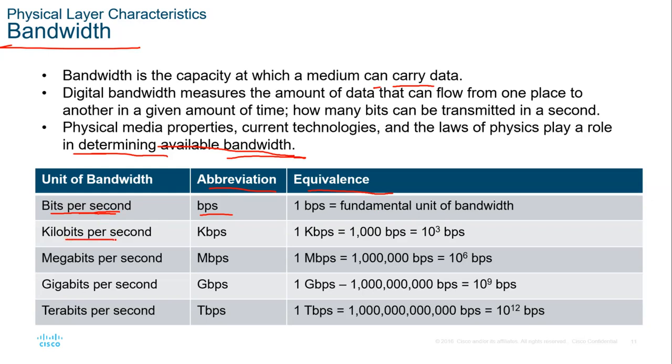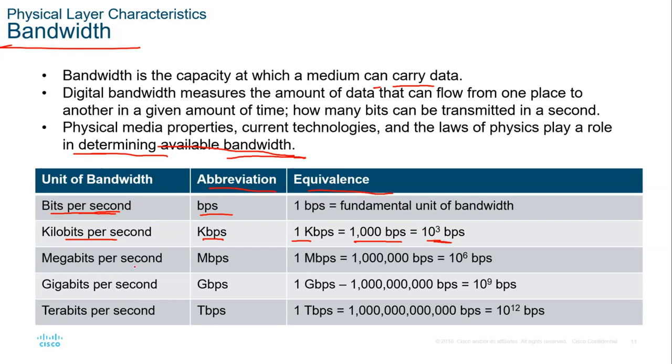Then kilobits per second are abbreviated in this way. 1 kilobit is equivalent to 1,000 bits per second. In powers, you can represent it as 10 to the power of 3.